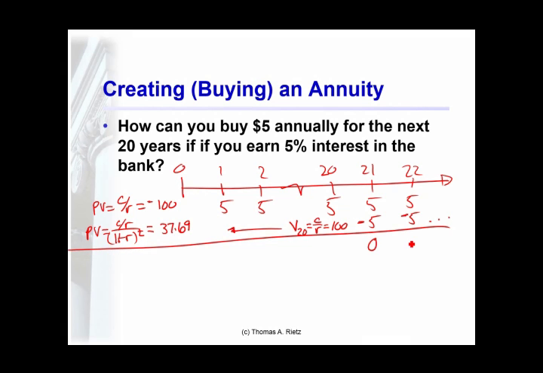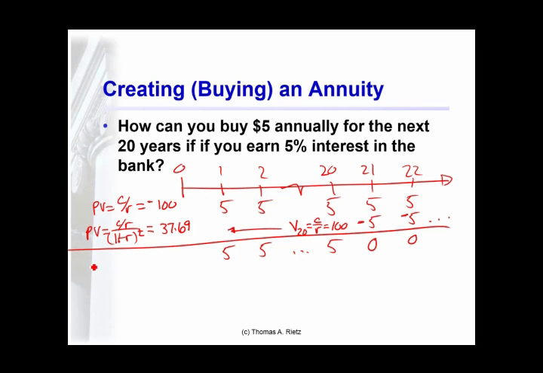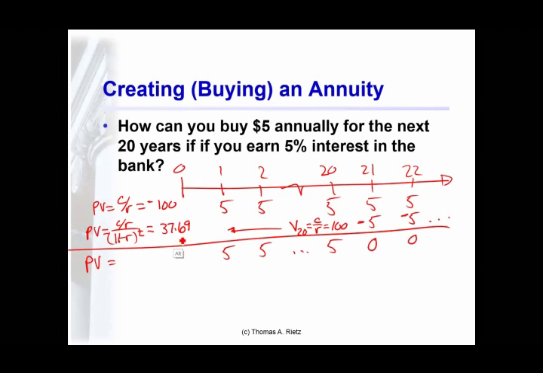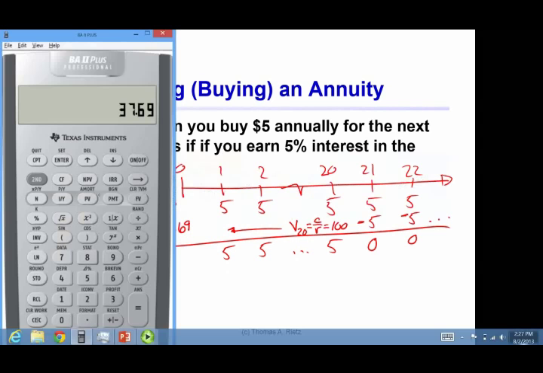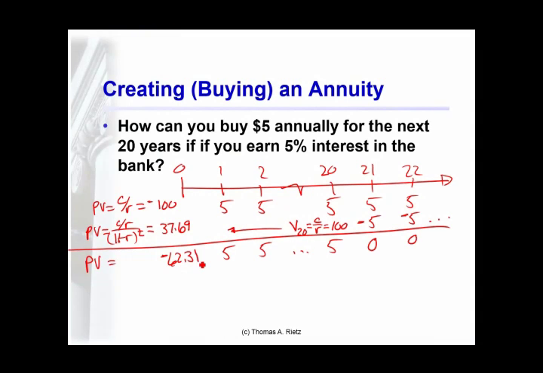Well, I get 0 out here beyond 20, $5 between now and 20, and a present value, 100 minus 37.69, $62.31. The formula comes from just subtracting these two things.